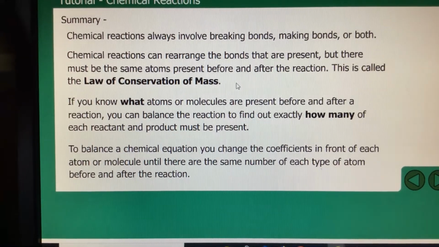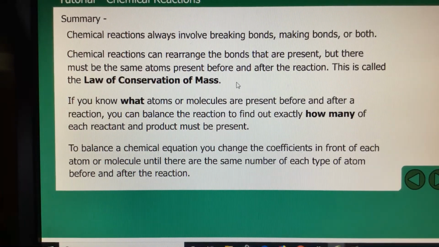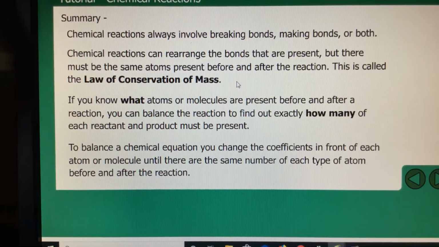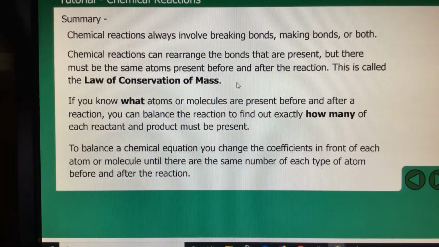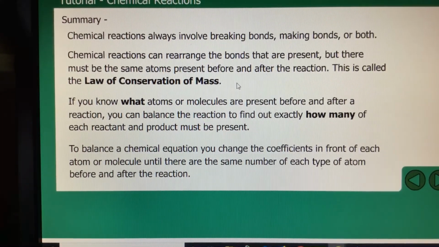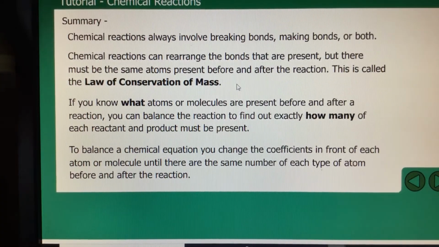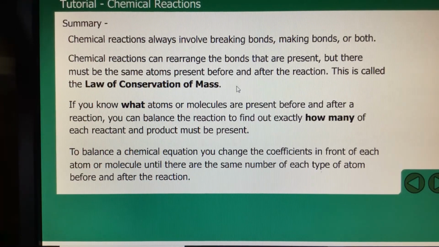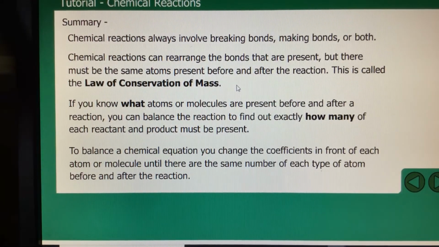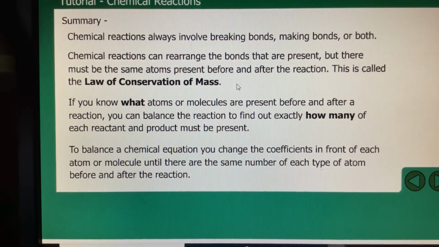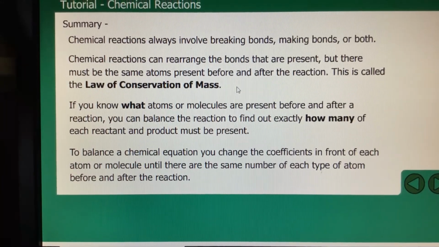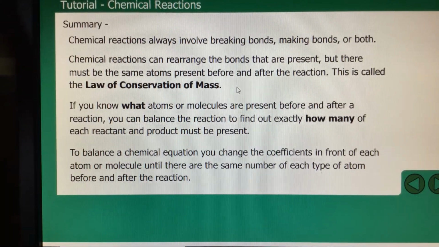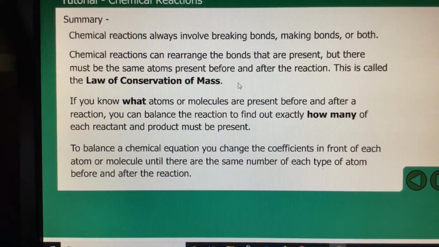If you know what atoms or molecules are present before and after reaction, you can balance the reaction and find out exactly how many of each product, and each reactant must be present. To balance the chemical equation, you change the coefficients in front of each atom or molecule until there are the same number of each type of atom before and after the reaction.